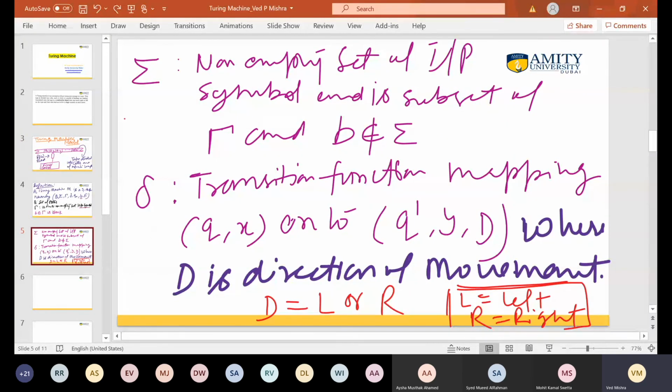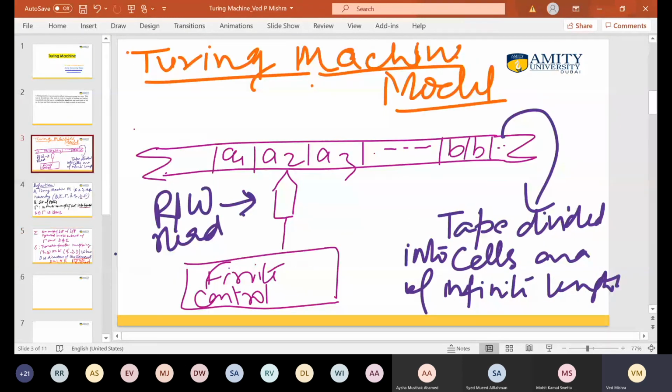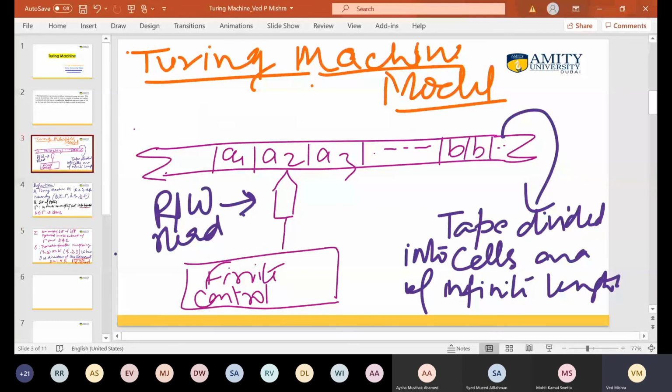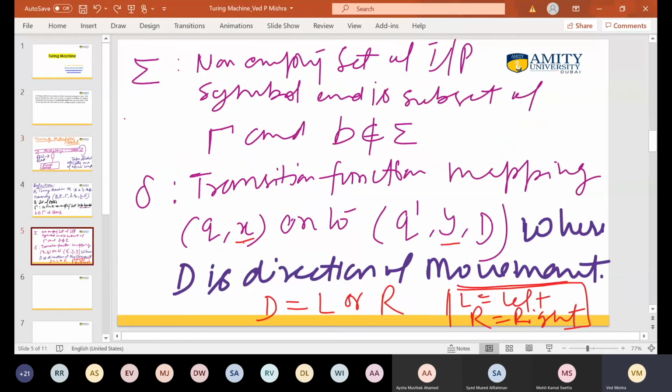Q dash in place of Q, and X is becoming Y. Once X has become Y, then where is it moving? If at the place of D it is written R, then this will move one cell right. If it is written L, it will move to the left hand side, so the next input symbol will become A1. So this Turing machine moves like this, left and right.